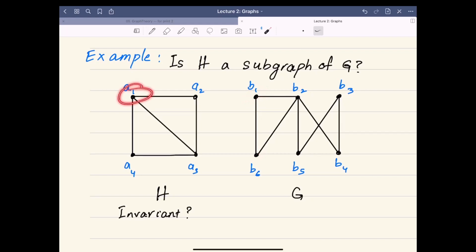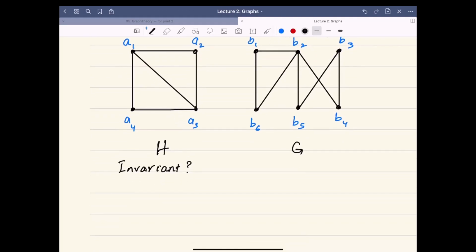Where can I match A1 and A3? I can match A1 with B2 because its number of incident edges is greater than or equal to 3. What about A3? I cannot match it with B1 because B1 has only 2 incident edges. So there is no corresponding matching vertex for A3, because B2 is already taken for A1. So H is not a subgraph of G.